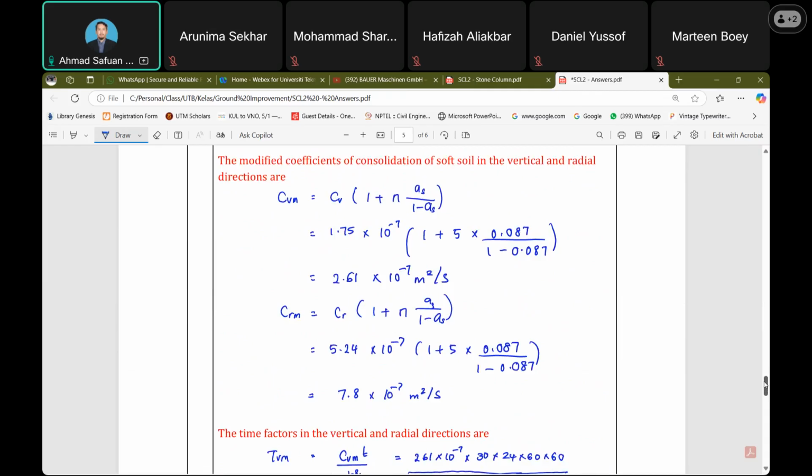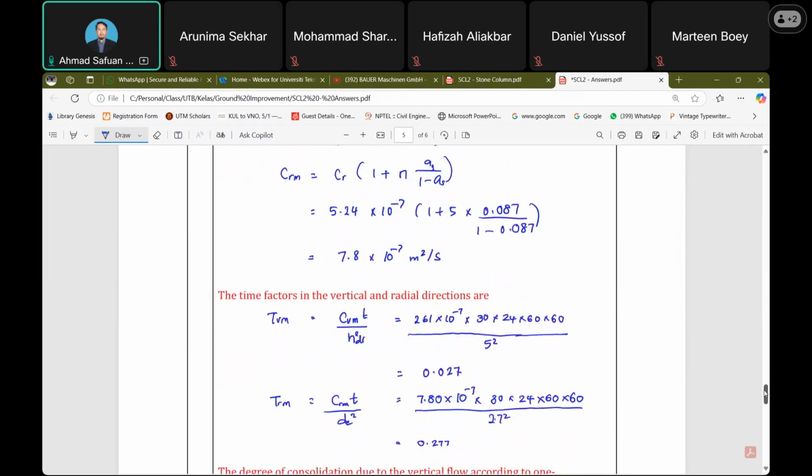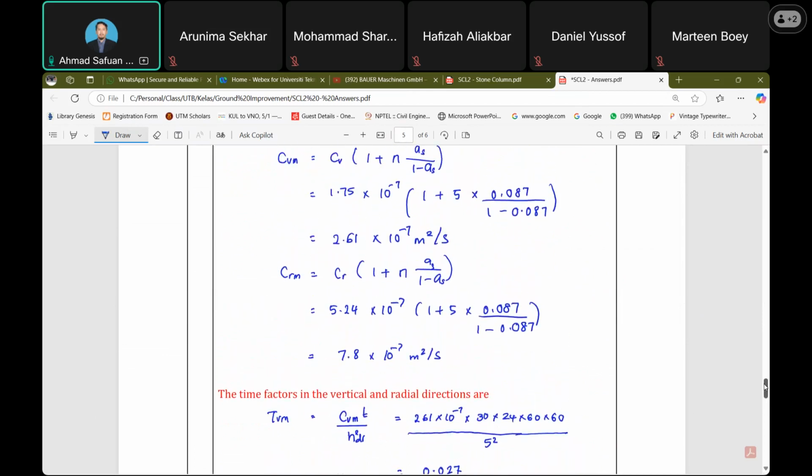Then we obtain CVM 2.61, while CRM is equal to 7.8. The time factor in the vertical and radial direction is CVM times T. T is 1 month.